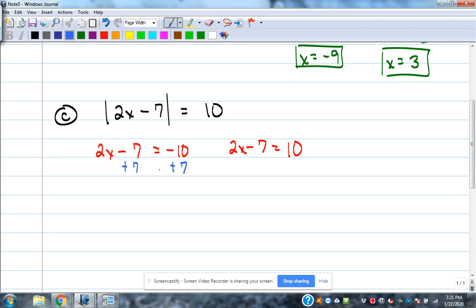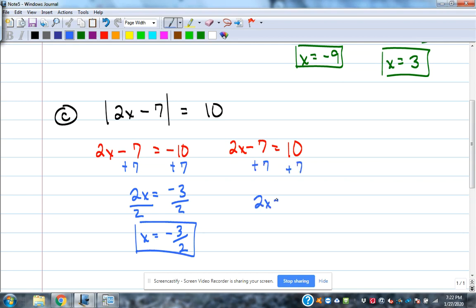Add 7, -3, divide by 2. Get a fraction answer there, and that's quite okay. Same work over here. Divide by 2.